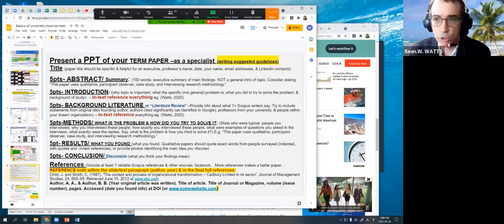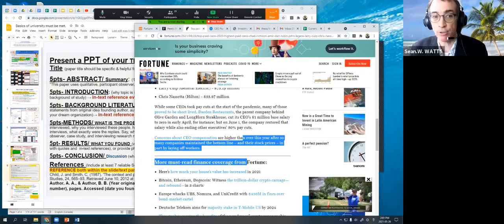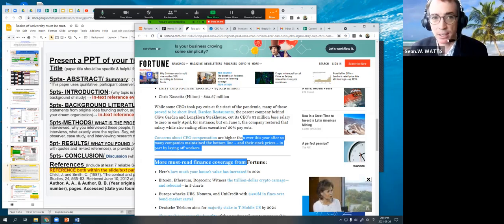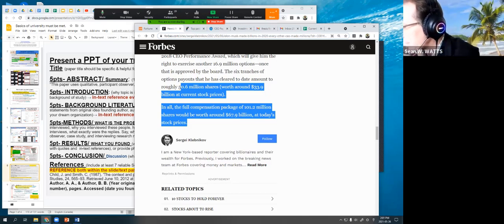It is in the Fortune Association. So Fortune is respected, and Forbes is respected. So that's good. And this tells you there's more information about him. That's a good guess, but it's not it.